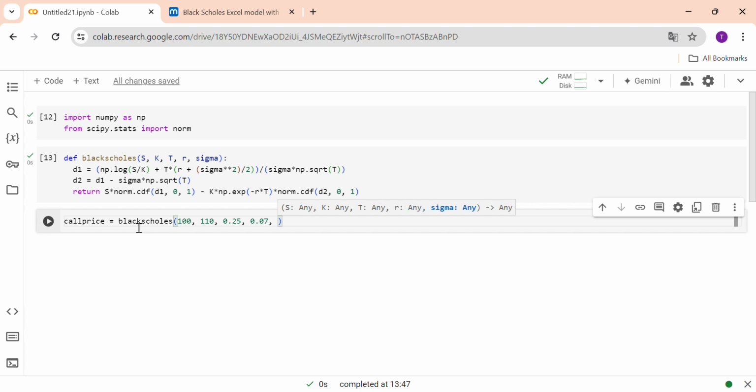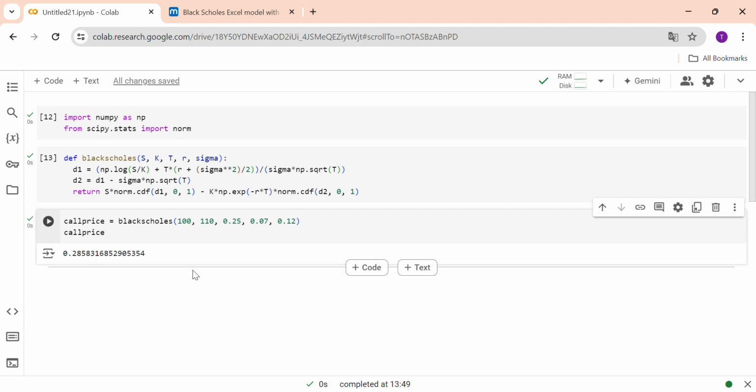Let volatility be 12%, so 0.12. And now if you find the call price, it would give you the required call price. So you get the call price as 0.28, right? And that is how we do it, as simple as that.